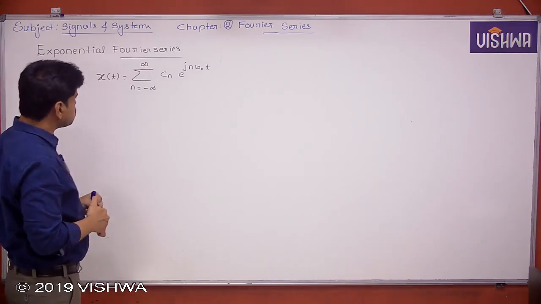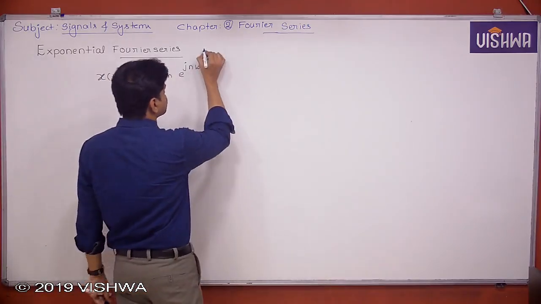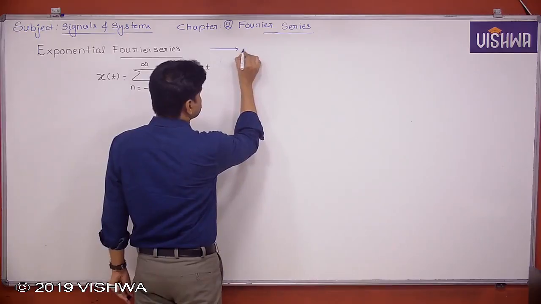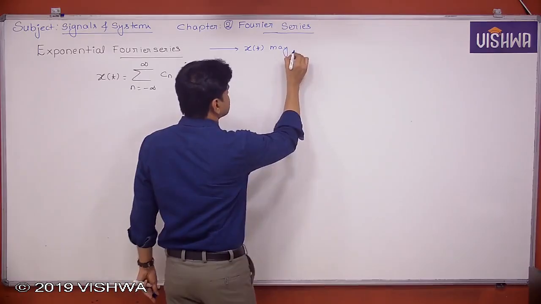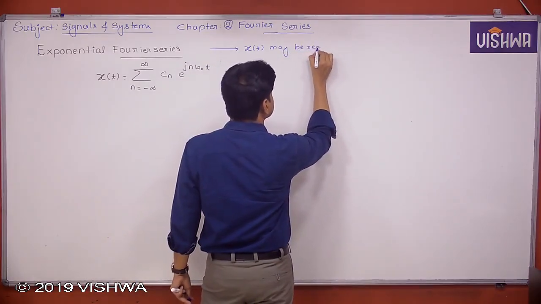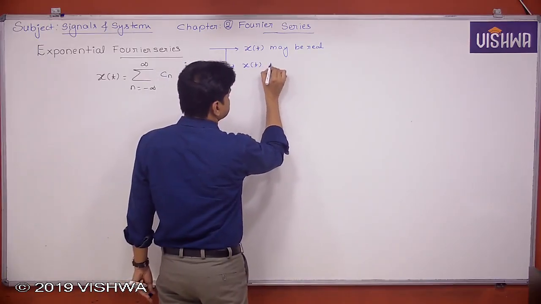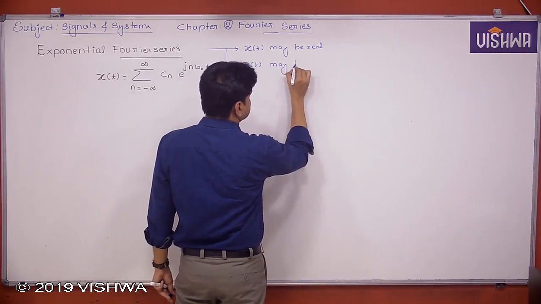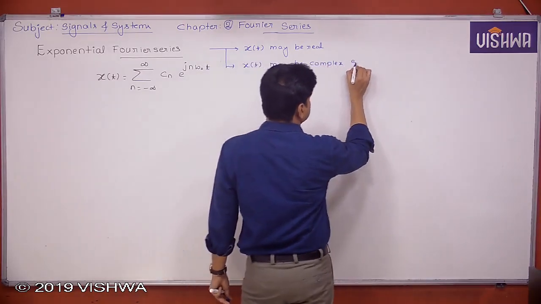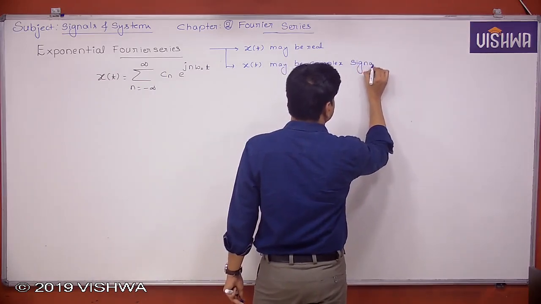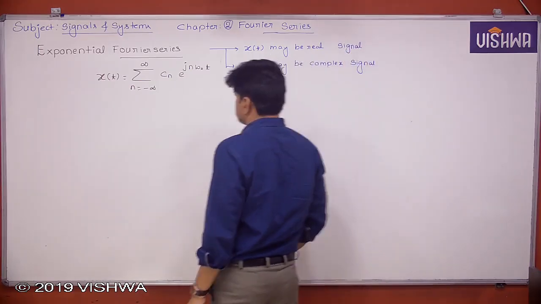Here I already told you the exponential Fourier series can be used both for x of t real, or x of t complex signal. It can be applied both for real and complex signals.